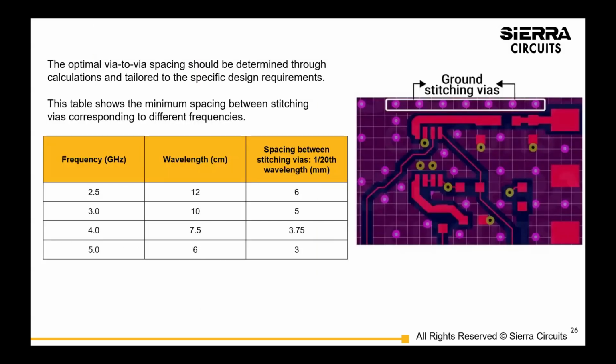So consider your application carefully for your rigid flex. And then optimal via-to-via spacing should be determined through calculations, aka use our calculators, and tailored to the specific design requirements. And so this table will show the maximum spacing between stitching vias corresponding to the different frequencies. Should be helpful.